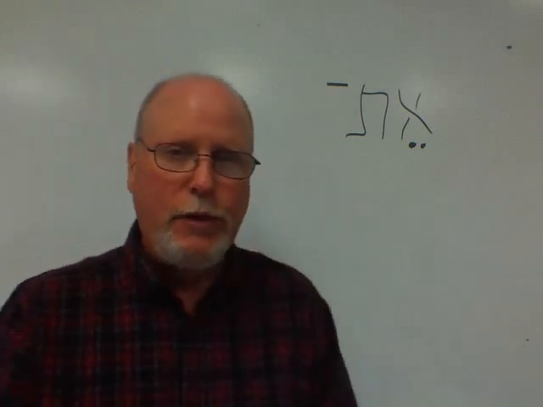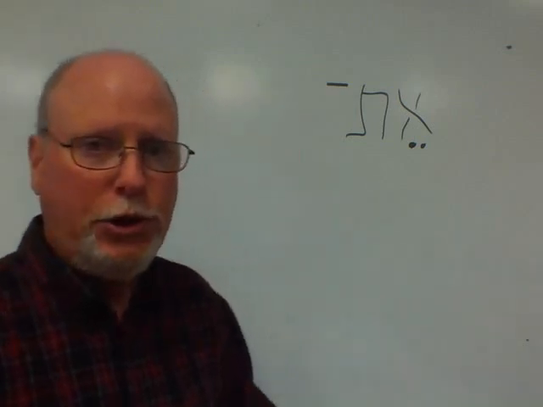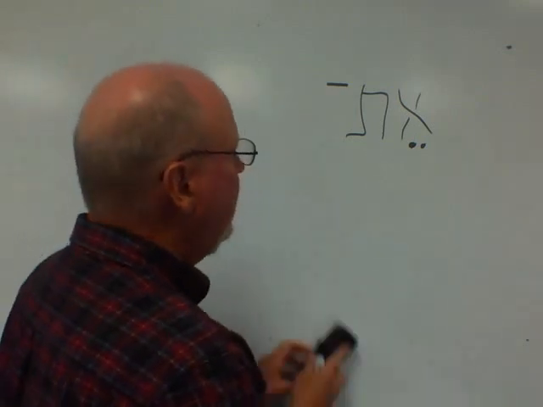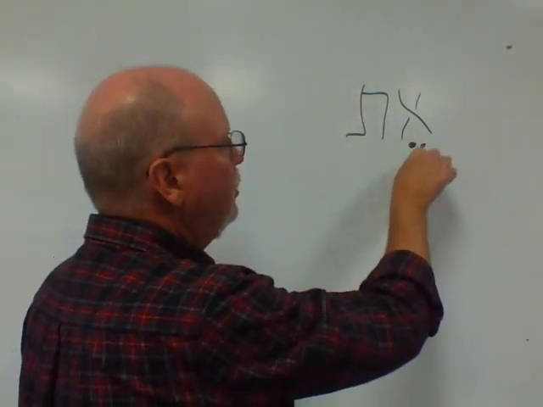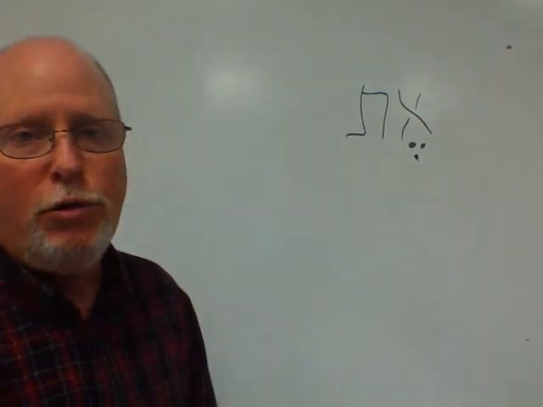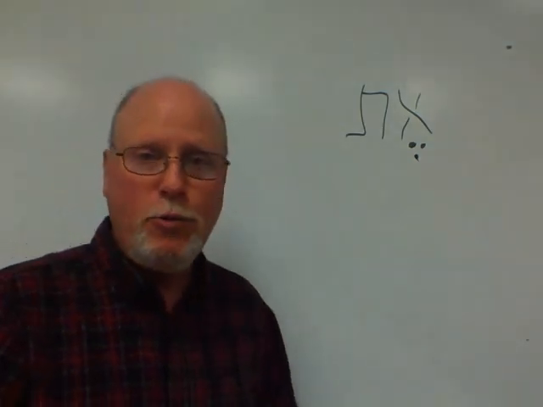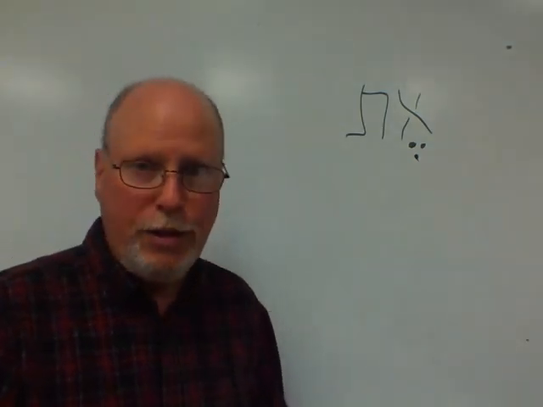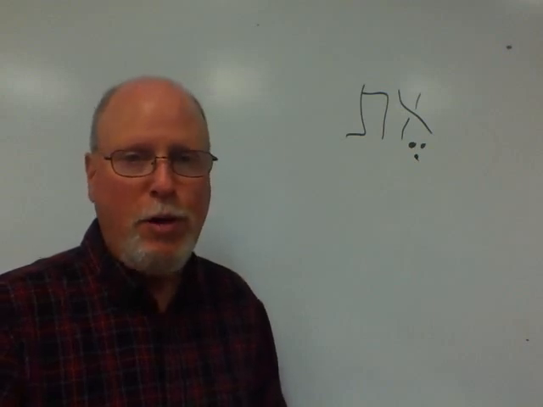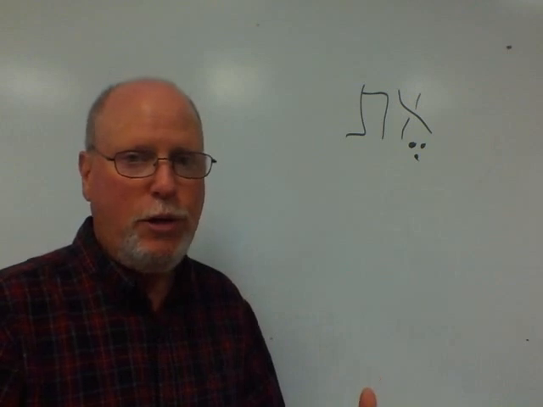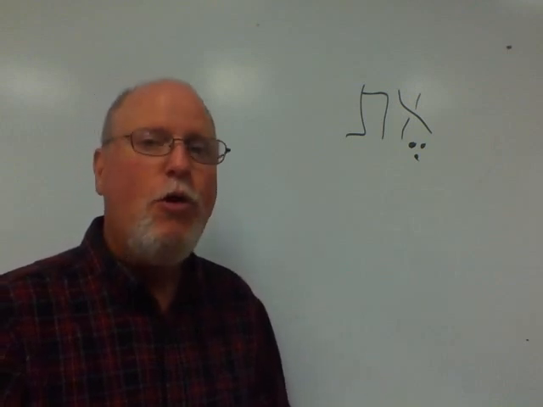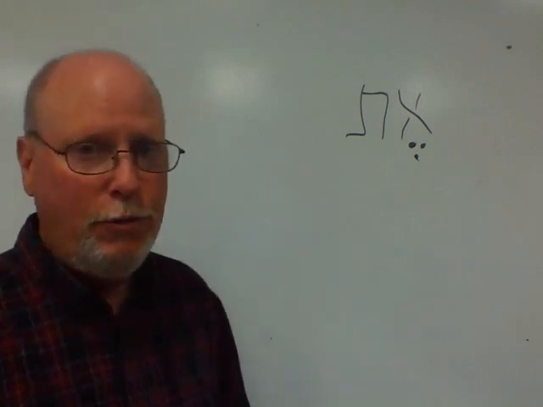Now, one of the things you'll have to learn along the way is to distinguish between the sign of the direct object and one of the prepositions, which is this preposition with the segol et. And that is one of the prepositions for the word with, but you will find that this will not be all that difficult over a period of time, where you'll be able to distinguish whether this is the sign of the direct object or in fact the preposition with.